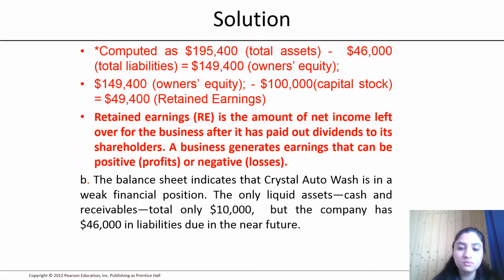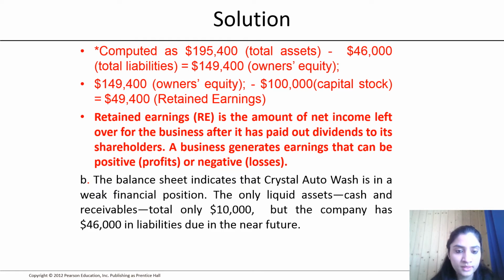Okay, so now they ask what this balance sheet indicates about the position of the company, Crystal Auto Wash. What is the financial position of the company? It shows that the financial position of the company is weak. Why? Because of the liquid assets: if the company got a need for money in the near future, what liquid assets do they have?